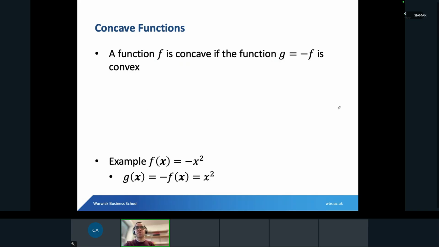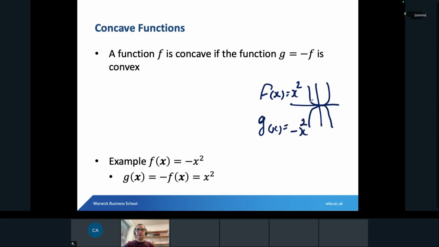As I just drew this one, this is x squared, f(x) is equal to x squared, and this is g(x), another function which is negative x squared. This is concave because the negative of this one, which is mirrored upside down, is convex.